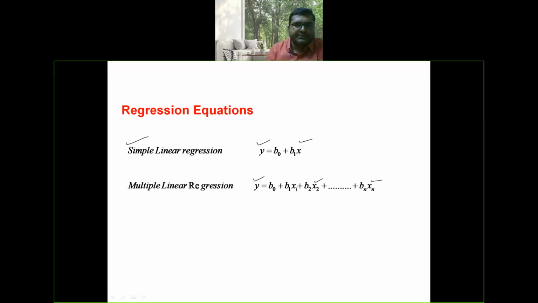In polynomial regression, dependent variable y, independent variables x1, x2 up to so on xn, and the polynomial regression equation is y is equal to b naught plus b1 x1 plus b2 x2 square plus bn xn square.